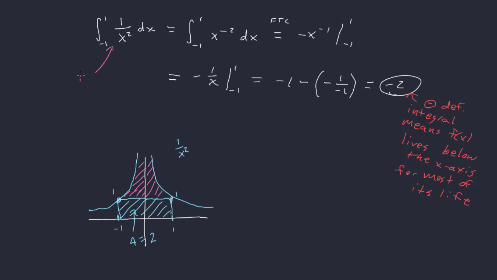So 1 over x squared blows up at 0. So this isn't even a case where we could put the missing point back in, it's not going to affect the area at all. We've got this crazy blow up thing here.